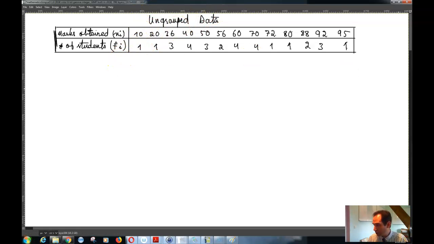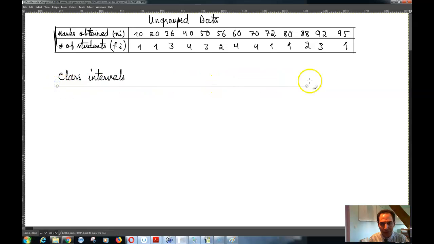So how can you do that? What you can do is define some class intervals, and then count the number of students.